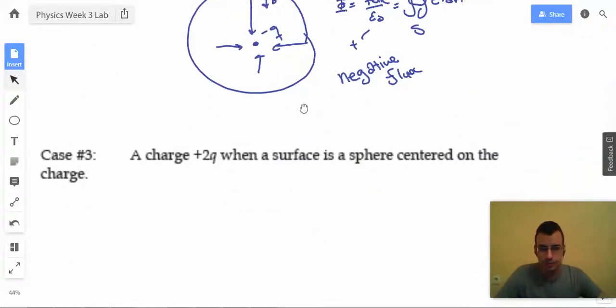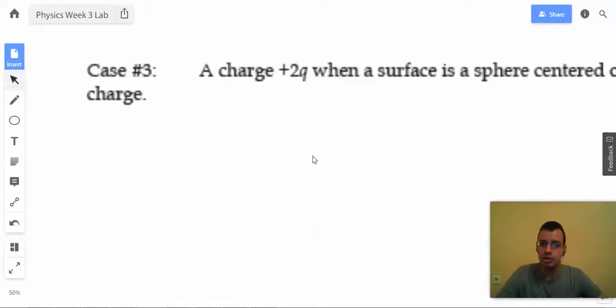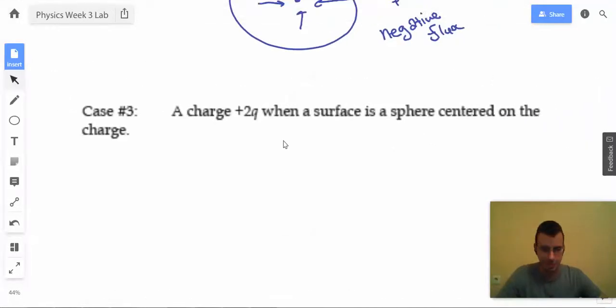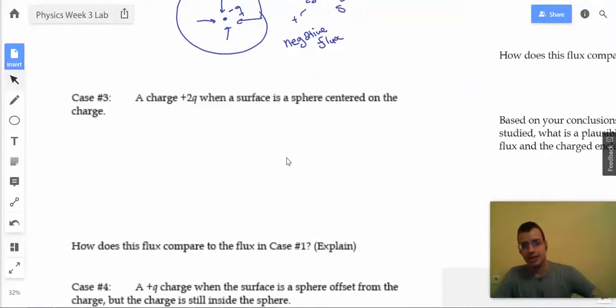So now case number 3. That's kind of blurry. There we go. I just zoomed out a little bit. Looks less blurry. All right, a charge plus 2q when the surface is a sphere. Same idea as the first one, except now we have 2q.